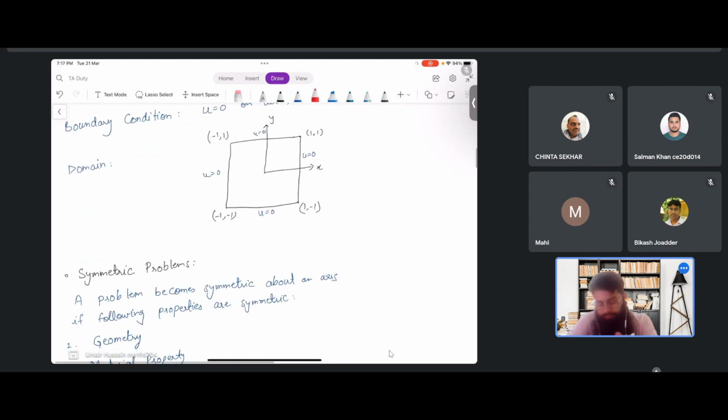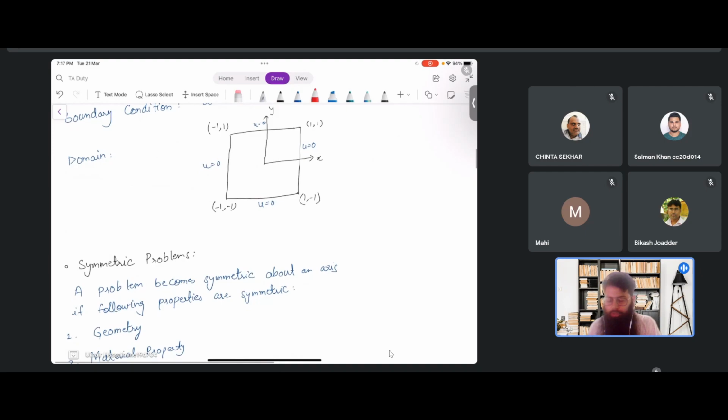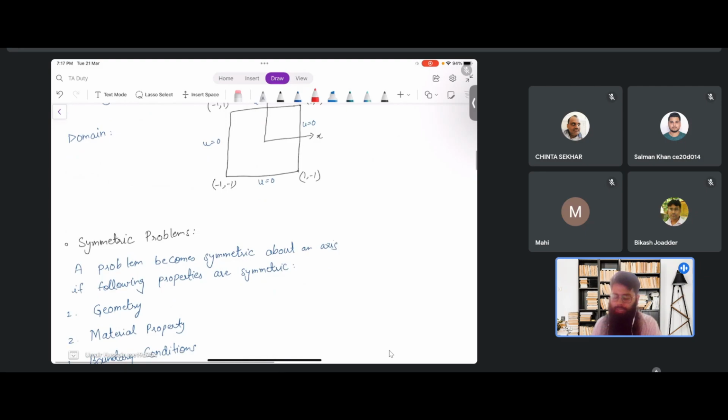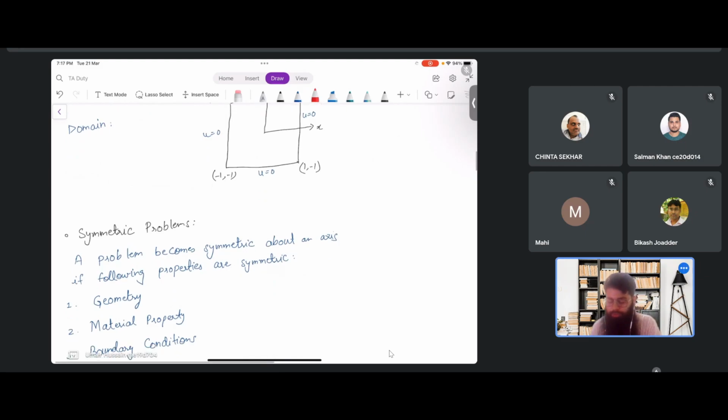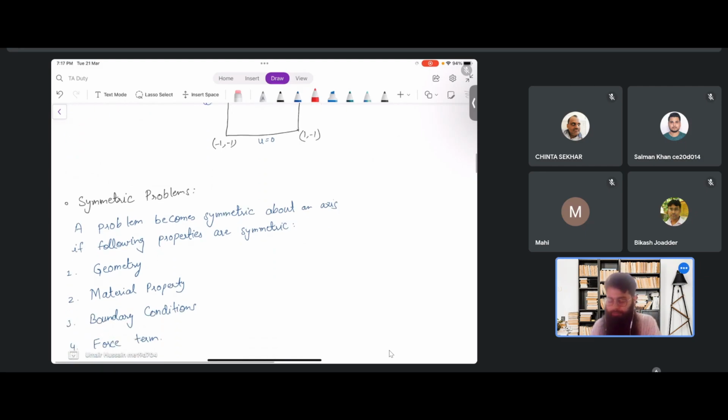There's one new concept that was introduced here, about symmetric problems. A problem is considered to be symmetric about a particular axis if the following properties are also symmetric about that axis. Number one is the geometry. That's obvious. Number two is the material property.